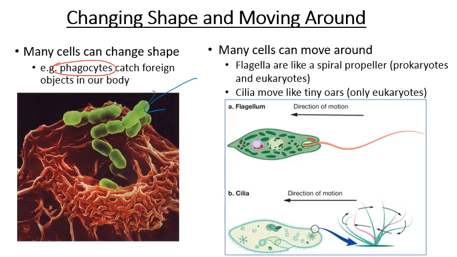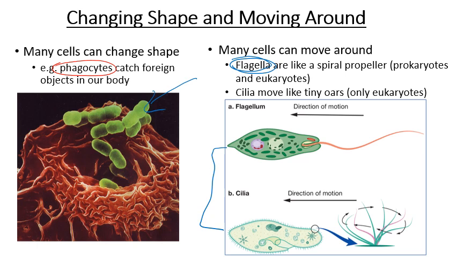Some cells don't change shape, but they can still move around. So often it's unicellular organisms that are just made up of one cell, like these two cells here actually. And there are two structures that cells can use to move around. The first type are called flagella, which this first cell here has.